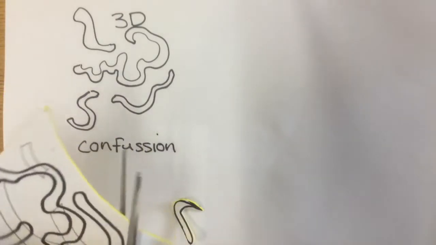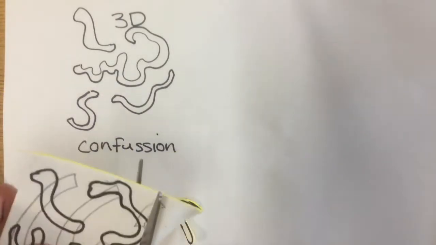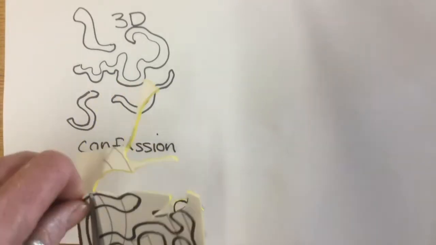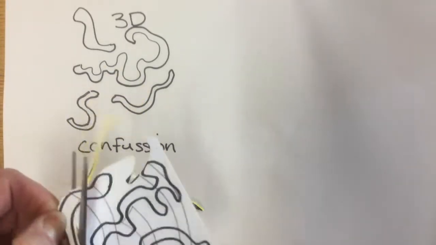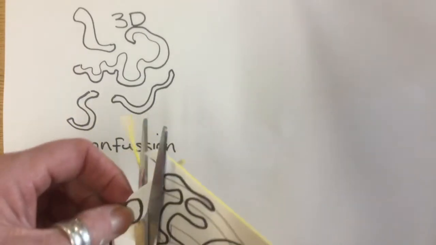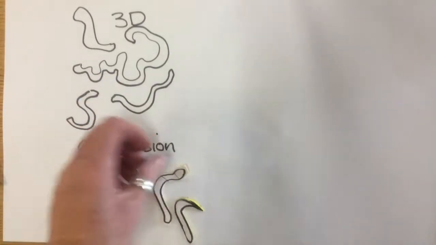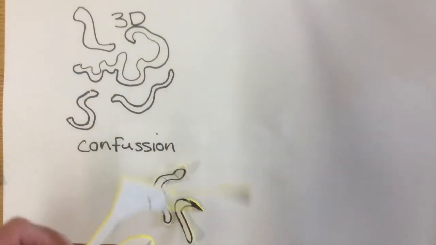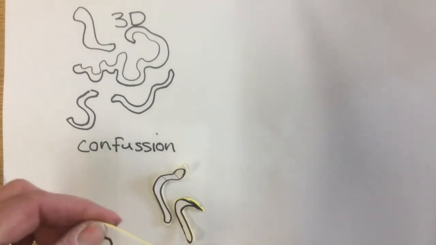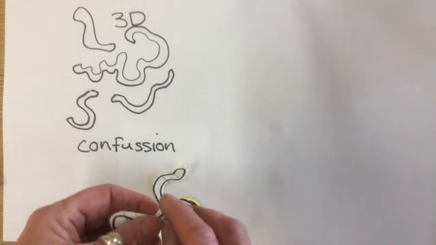Thicker lines might be angry or sad. Thinner lines, quiet, lonely. So you are going to then cut all your shapes out, and then you will carefully peel the backing off and stick them down to your cardboard.